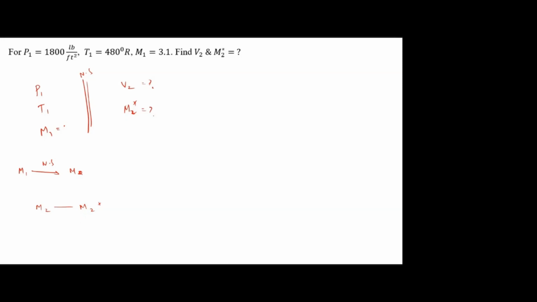Can you tell what is the M2 value for M1 of 3.1? So 0.469. Okay. If M2 is 0.469 from the isentropic table, can you tell what is M2 star? 0.504. Okay, we found M2 star.